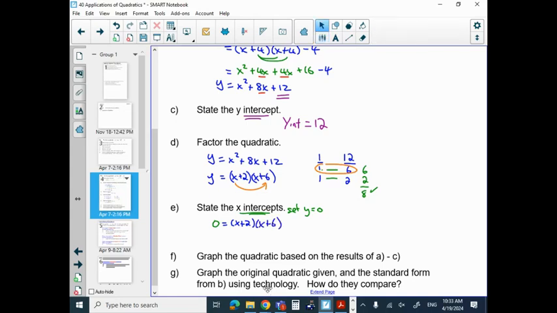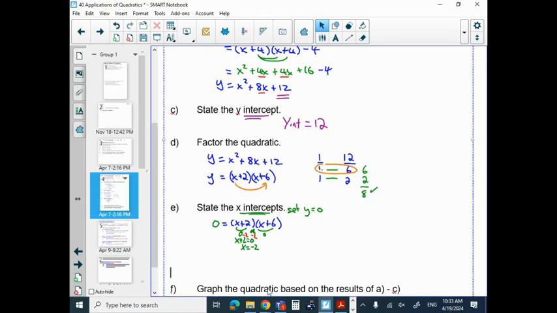We could go through the whole process of saying this is 0, and having x plus 2 equals 0, and then taking away 2 from both sides, ending up with x equals -2. Or we can just use the fact that the brackets give you backwards results, and just say we know the answer is going to be x equals -2 directly. Same thing for here. x is going to be -6. So we have zeros of -2 and -6.